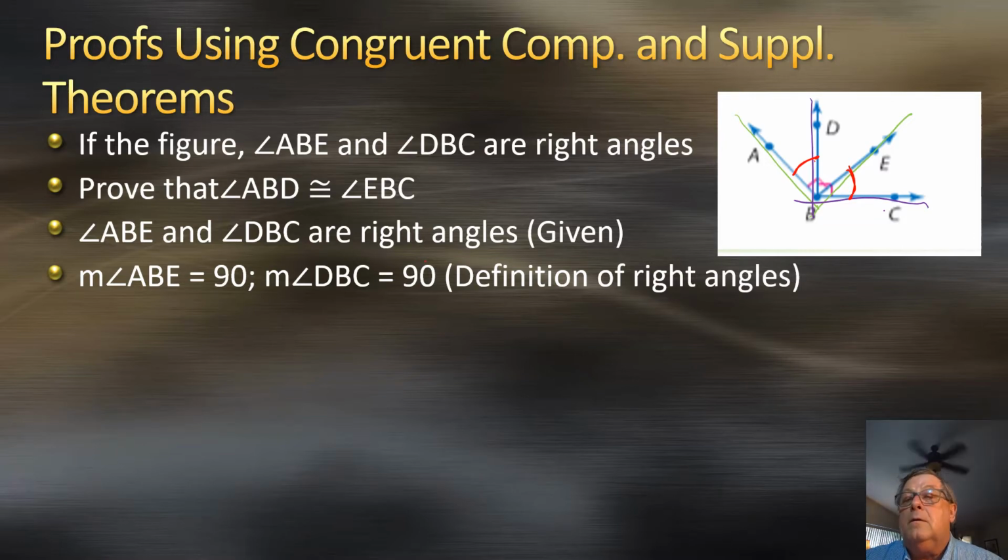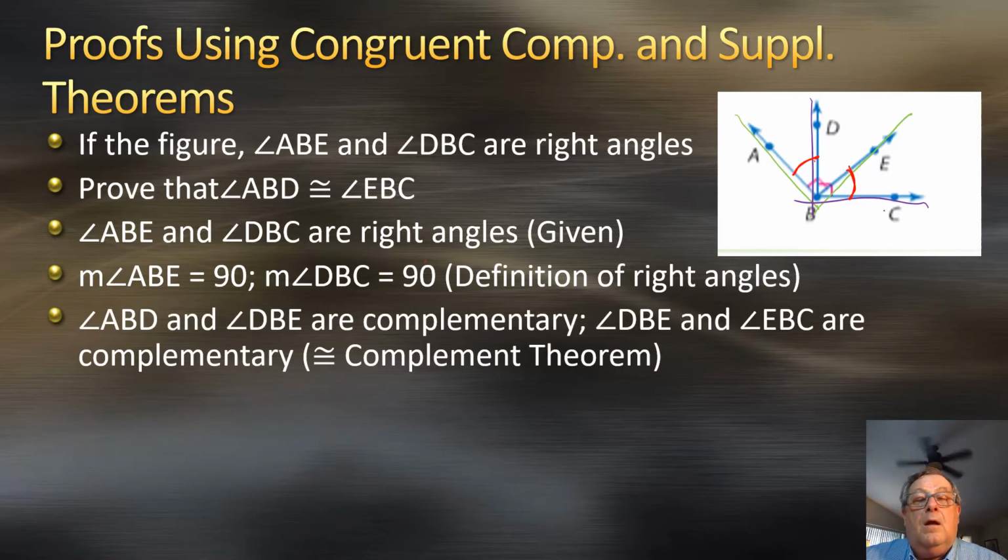All right. Well, not bad. And therefore, the measure of angle ABD, that's what we marked in red right here, and the measure of angle DBE, that would be this angle here in black, are complementary because they're part of that overall angle ABE.